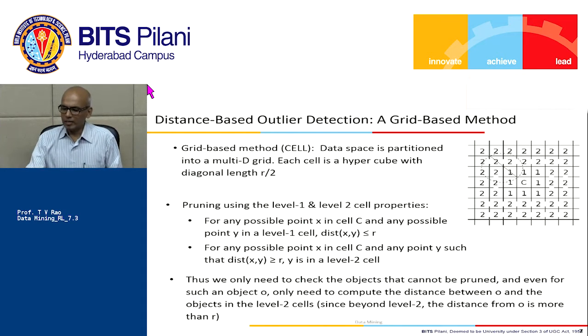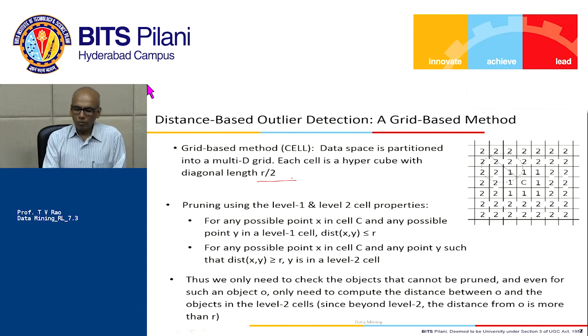So what we have done is we have divided the entire space into the grid. In general, what we are seeing is a two-dimensional space, but if it's an n-dimensional space, essentially we are going to get a multi-dimensional grid where each one of these elements is representing a hypercube with a diagonal length of r by 2.